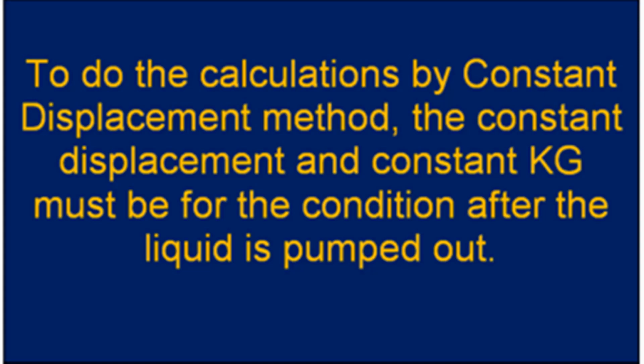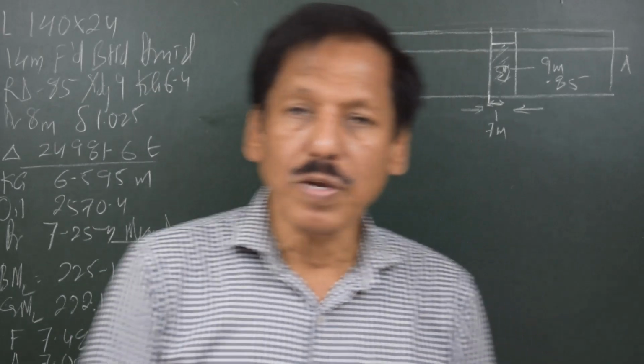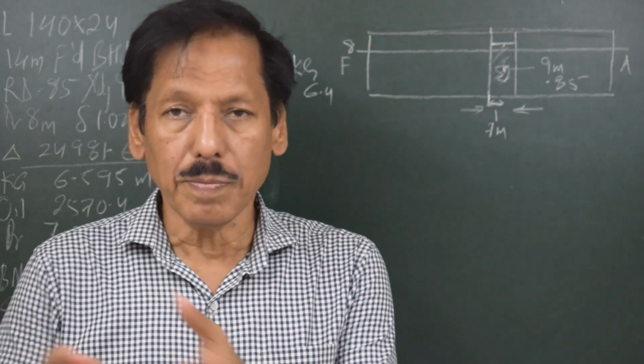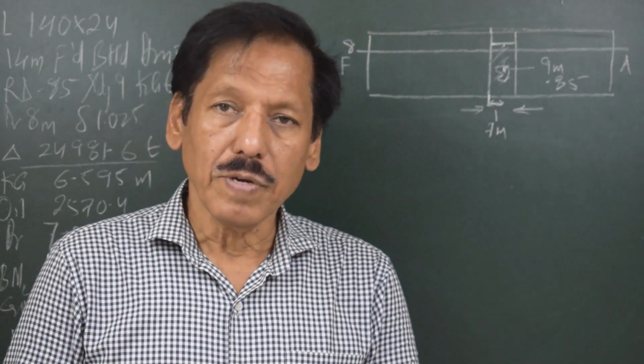So we have forward draft as 7.481 and aft as 7.027.